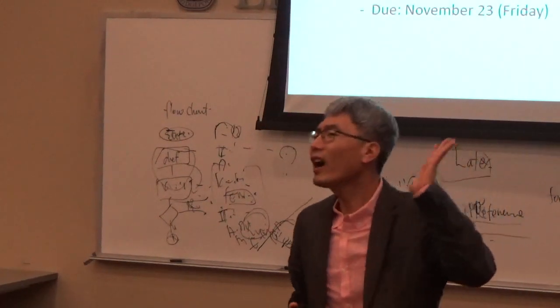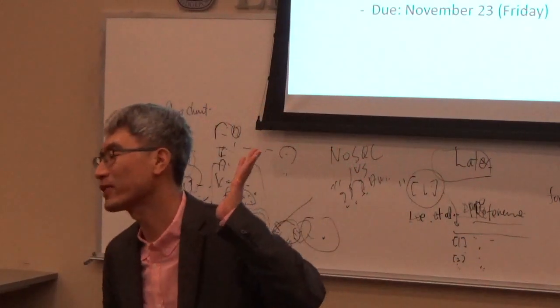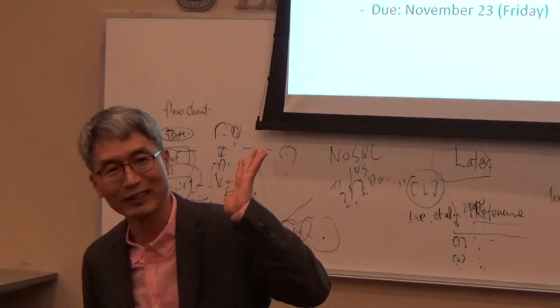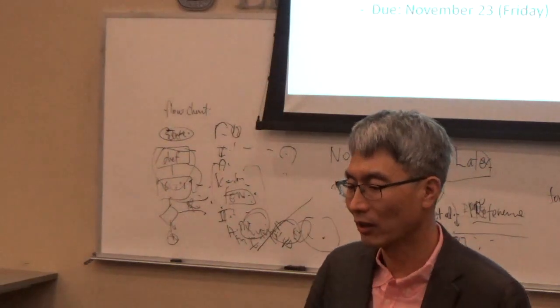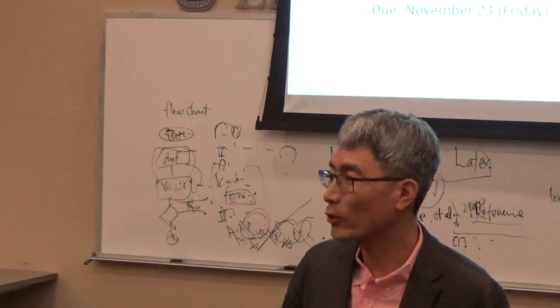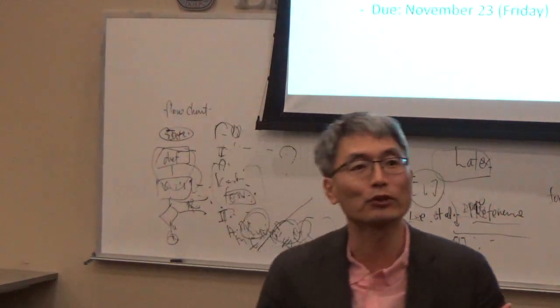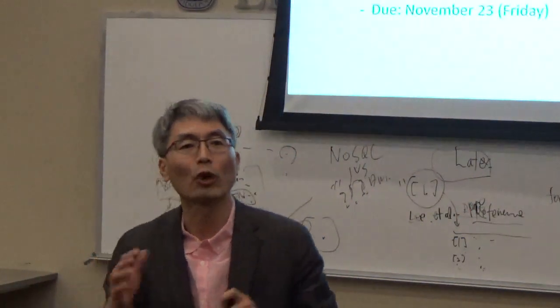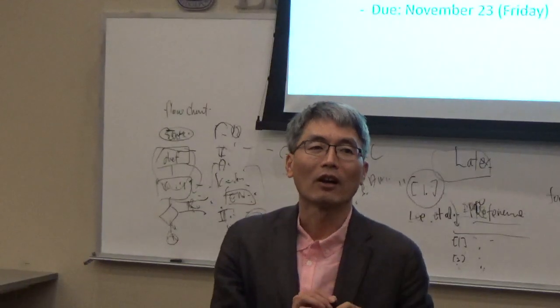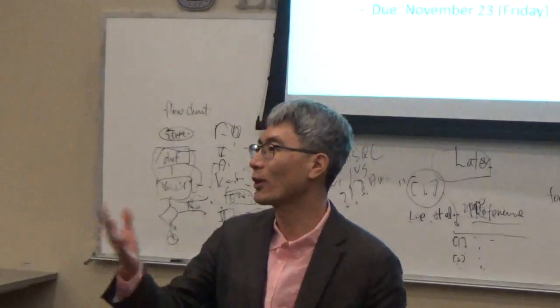First thing, do not copy and paste. I have seen a lot of students copy and paste. I know this is not your proposal, it's not like a research paper. You just collect a lot of information, but please write with your own words. Okay. I can easily find which one is copy and paste.